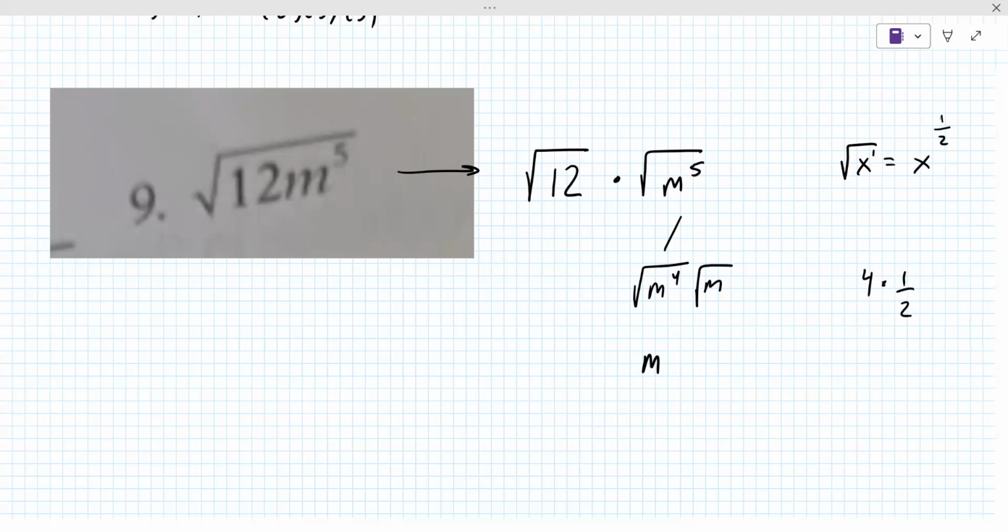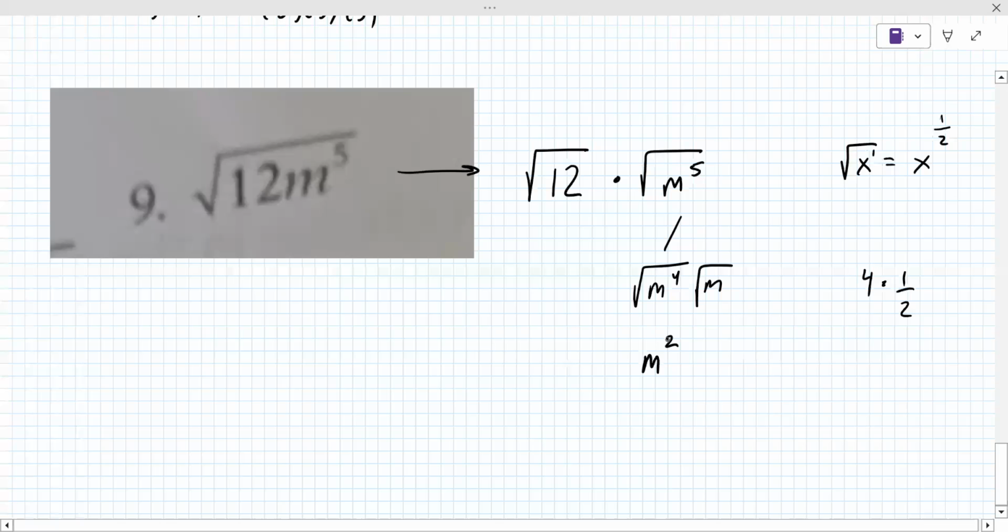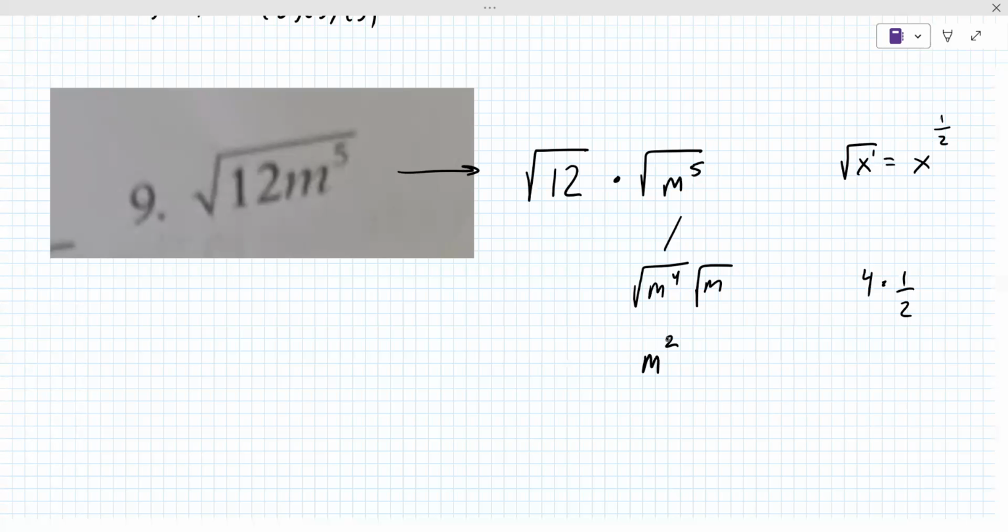Oh, here it is. I found it. 1 over 2. 2. Oh, okay, so it's m squared. That's dividing. Okay, so multiplying by 1/2 is the same as dividing by 2.